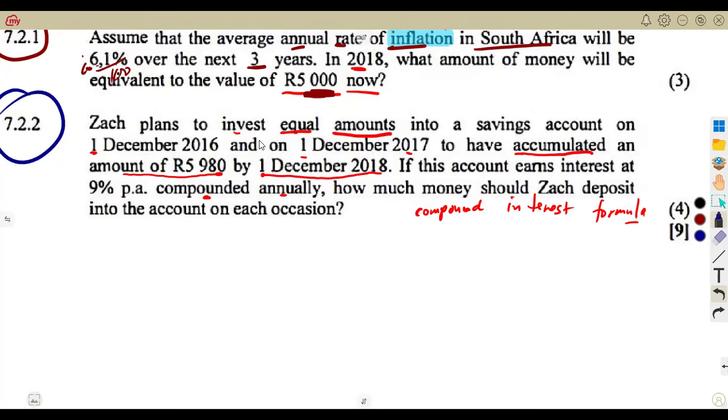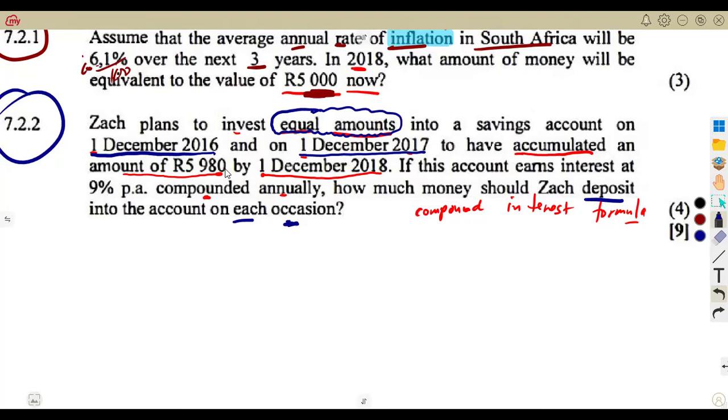Equal amounts. This is the money deposited into the account on each occasion. Which occasions? 1 December 2016, and on 1 December 2017 he also deposited something. But he is investing equal amounts.